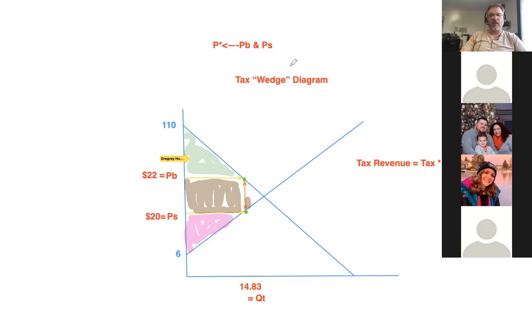Okay. And then there's this little area here. And I don't want to do it in brown, orange. This little triangle here.